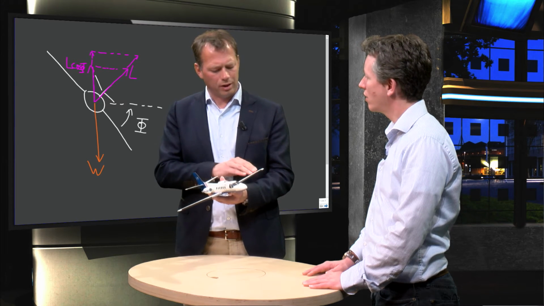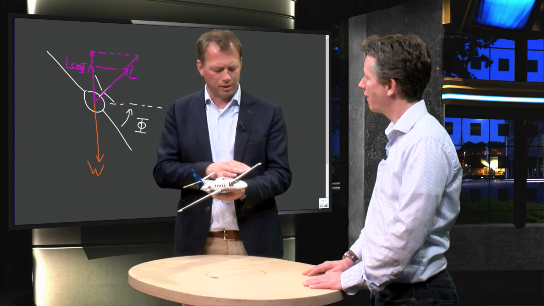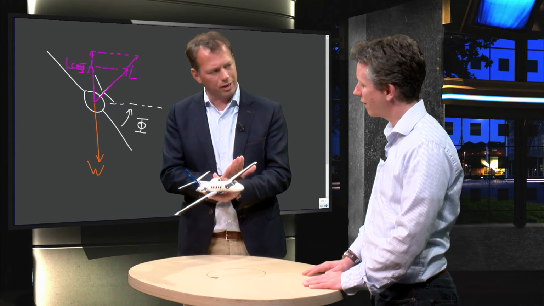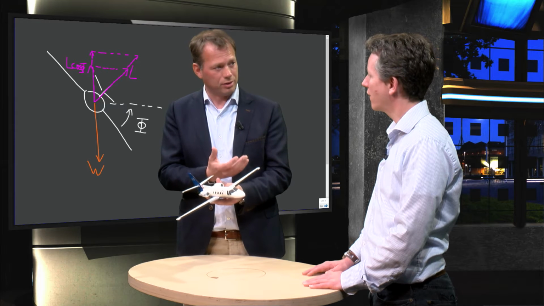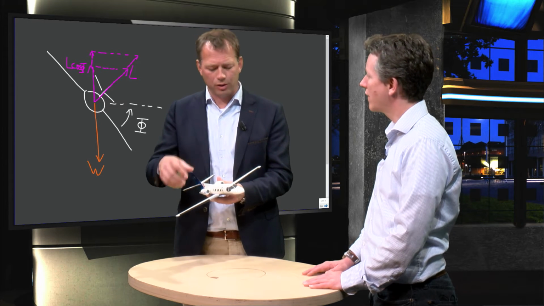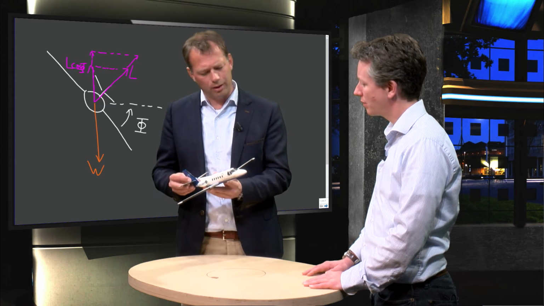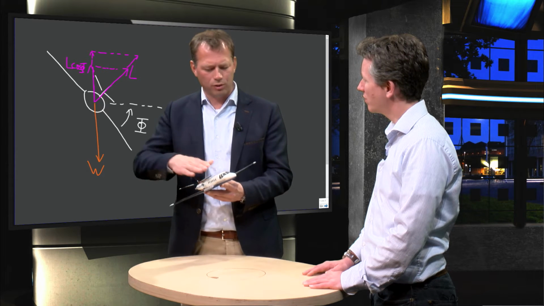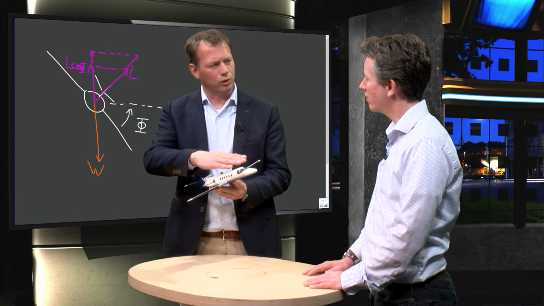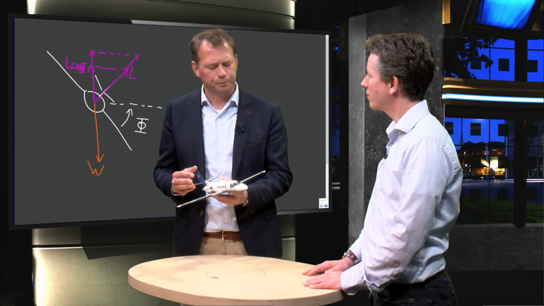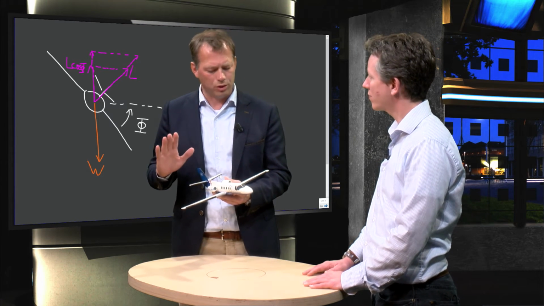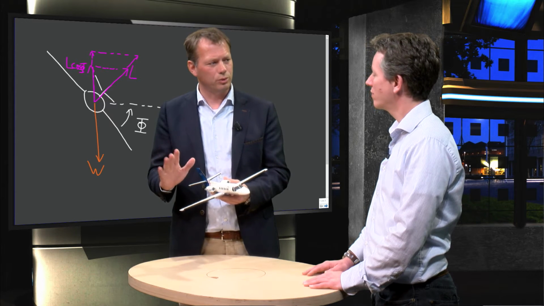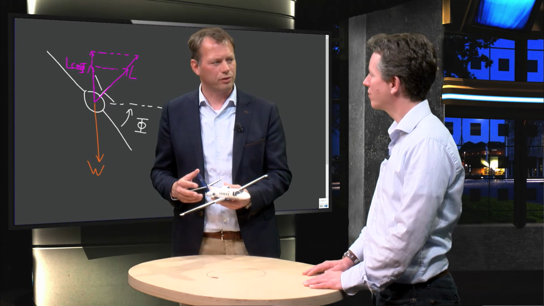So one wing, in this case the left wing, will have a deflection downwards, creating a little bit more lift on this wing and hence a little bit more drag. So the aircraft will have the tendency to push its nose a little bit out of the turn. That's called adverse yaw. And that means that we use a little bit of rudder into the turn in order to counteract this.